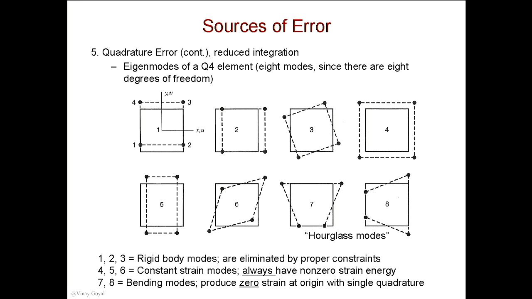These are not the mode shapes of a dynamic problem. This is simply plotting the eigenmodes of the stiffness matrix, calculating the eigenvalues and eigenmodes of the stiffness matrix. So it's not a buckling problem or a dynamic mode shape problem. We're just looking at the eigenmodes of an element.